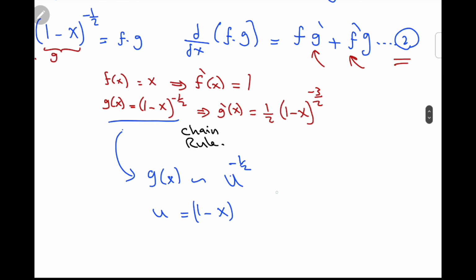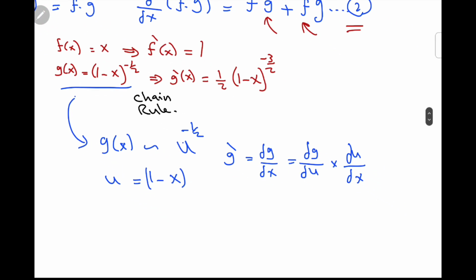In this case, the derivative g prime is equal to dg/dx, which is simply dg/du times du/dx. So dg/du, the derivative of g with respect to u, is just −1/2 u to the power of −1/2 − 1, the polynomial rule, times du/dx, which is just −1.